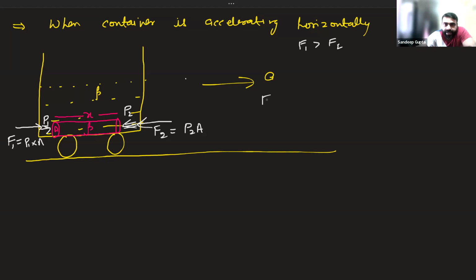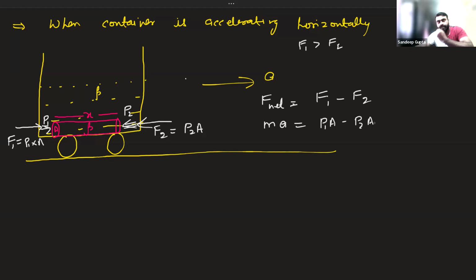So if I write here the net force F net acting on the mass of liquid that I have taken, it will be F1 minus F2. And net force is equal to mass into acceleration. F1 is P1A minus P2A. P1A is greater.